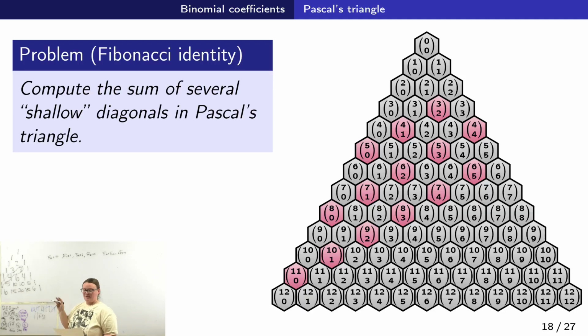So we have 5 choose 0 plus 4 choose 1 plus 3 choose 2. And we know that 5 choose 0 is 1, 4 choose 1 is 4, 3 choose 2 is 3. And if we add those together, we get what?